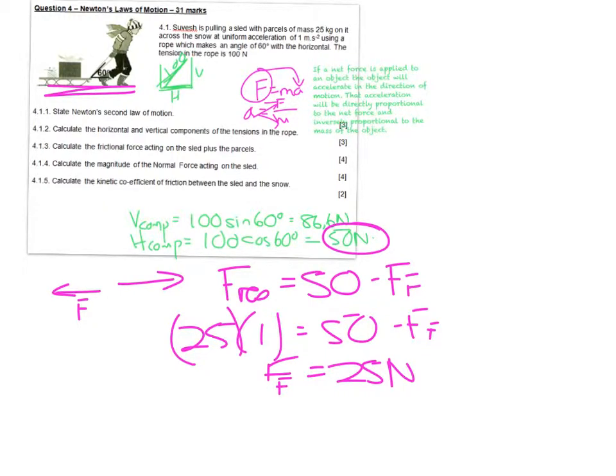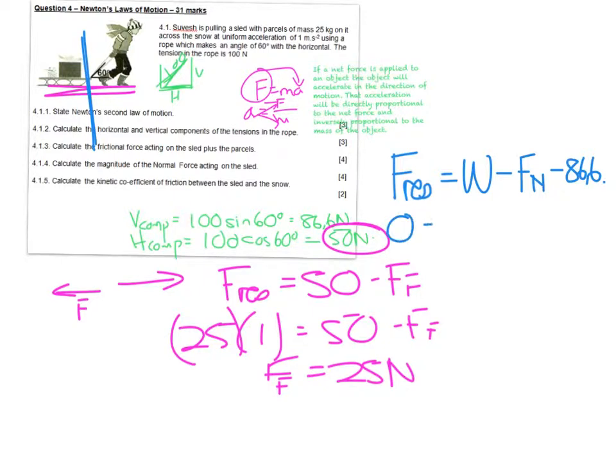Calculate the magnitude of the normal force. Now we're interested in what's going on in the vertical plane, and so we need to say that the force resultant is 0 in that direction, which is equal to the weight which is acting downwards, minus the normal, which acts against the surface, minus the fact that the sled is being lifted up, so minus 86,6.